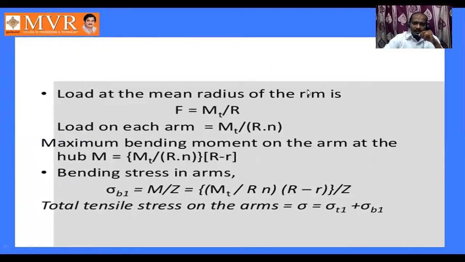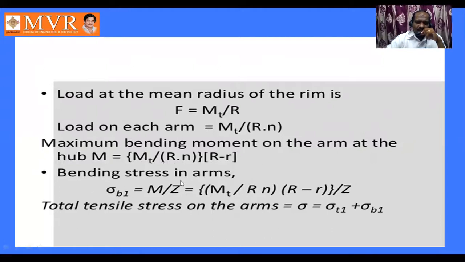Load on the mean radius of the rim is F is equal to M t by R. Load on each arm is M t by R into the number of arms that are connected. Maximum bending moment on the arm at the hub is M is equal to (M t by R n) into (R minus r).